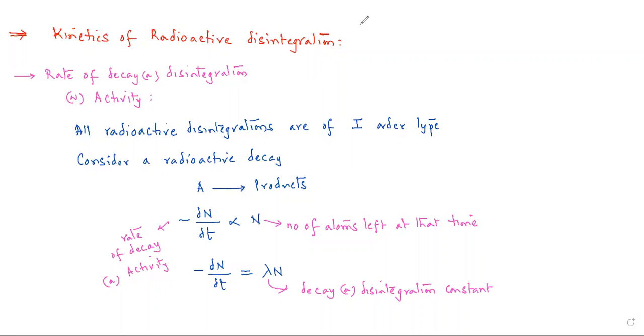Activity can simply be given as lambda N, or rate of decay can be given as equal to lambda N. So let us take it as minus dN by N is equal to lambda into dt, or dN by N can be written as minus lambda dt.